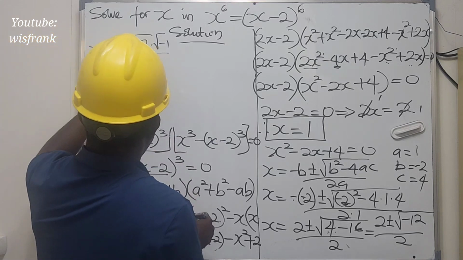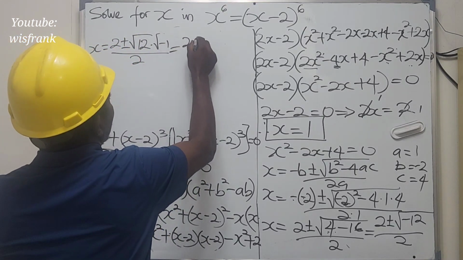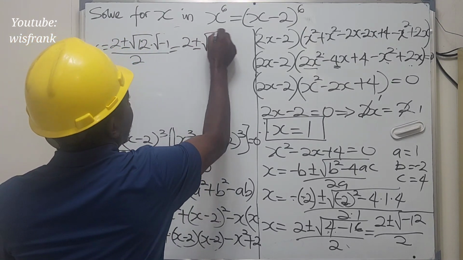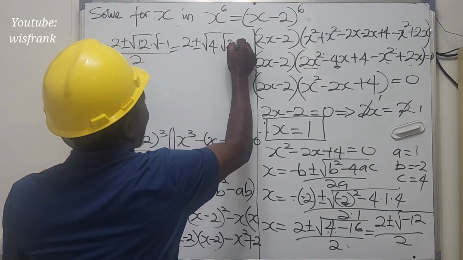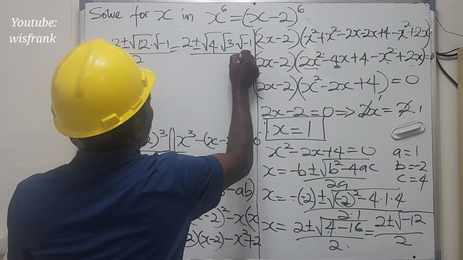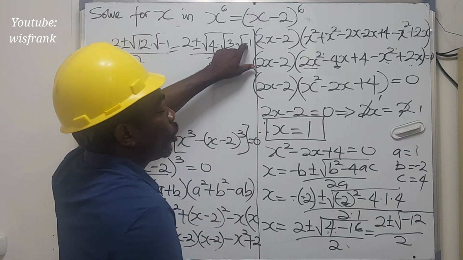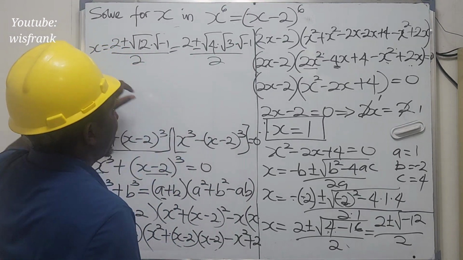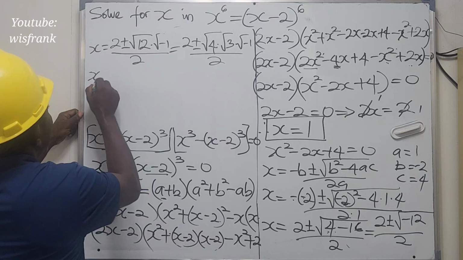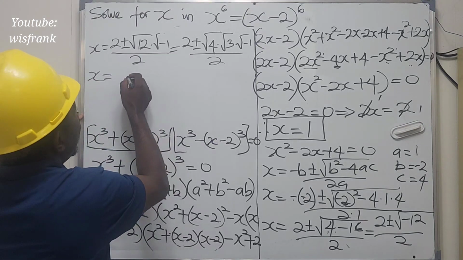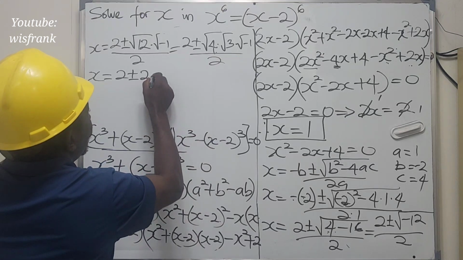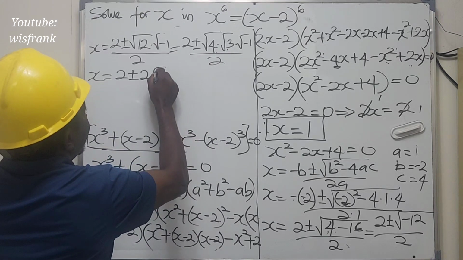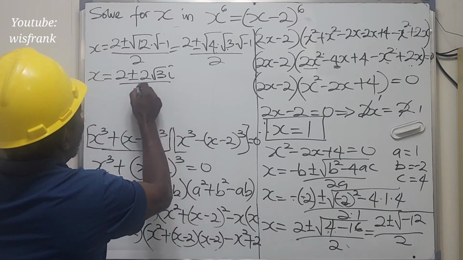So in this case, square root of 12 is the same thing as square root of 4 times square root of 3 times square root of minus 1 all over 2. So square root of minus 1 is i, which is iota. So we are going to replace that. We have x equals to 2 plus or minus square root of 4 is 2, then we have root 3 iota all over 2.